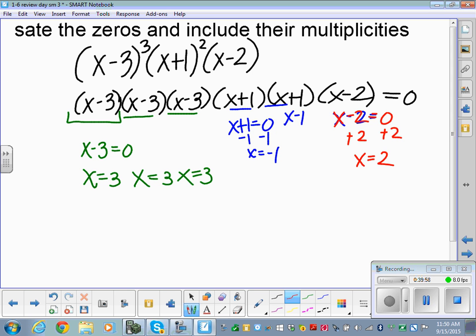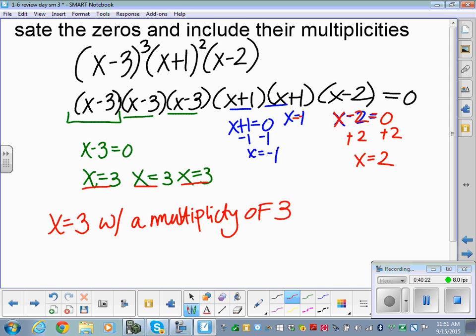So then from here, you say, okay, I got x is equal to 3 three times, and I got x is equal to negative 1 two times. So now we can say, this is how you write your answer. X is equal to 3 with multiplicity of 3, because it happened 1 2 3 times.